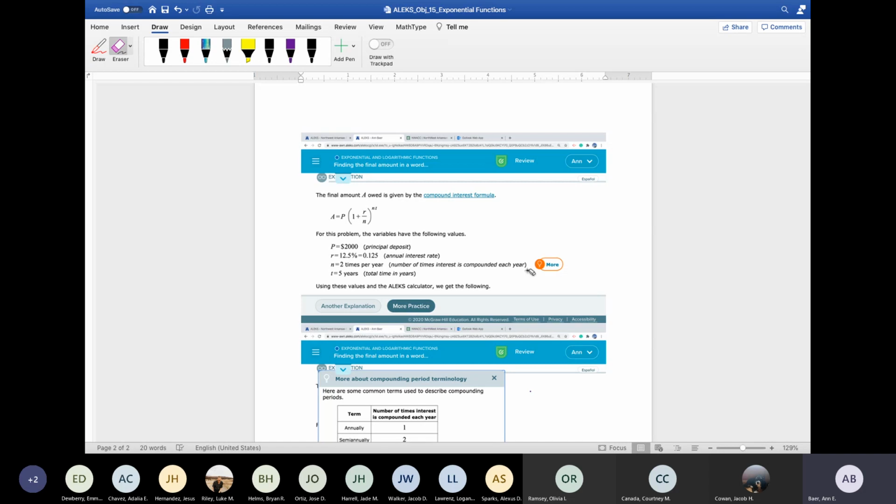So compound interest, what that really means is if you put some money in the bank, say $100, and you leave it there, you don't make any withdrawals, you don't add any more money to it. And let's say the interest rate is 10% compounded semi-annually.